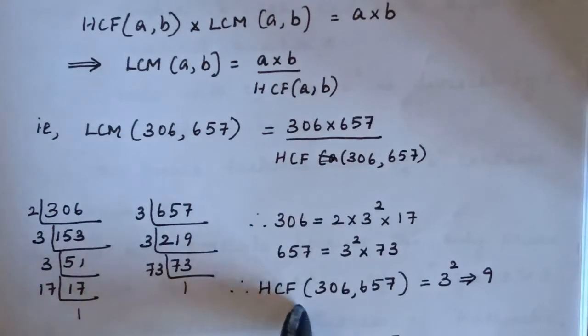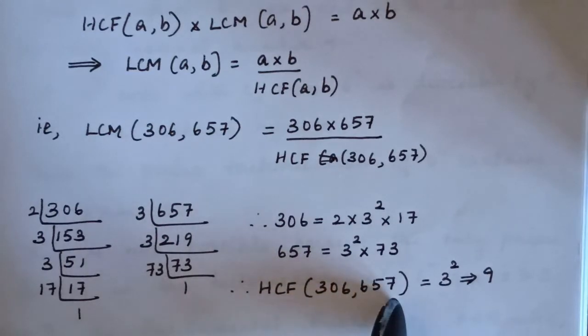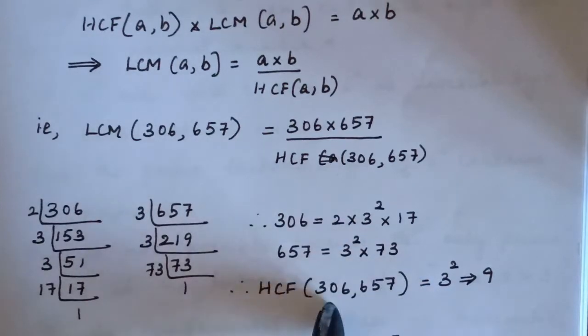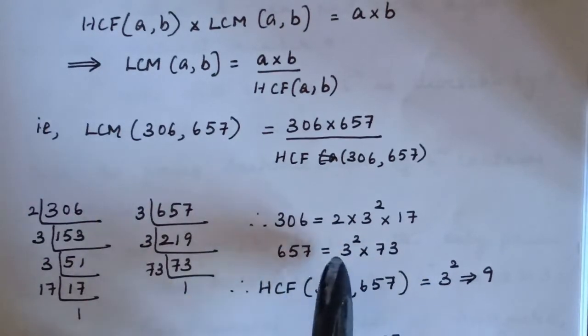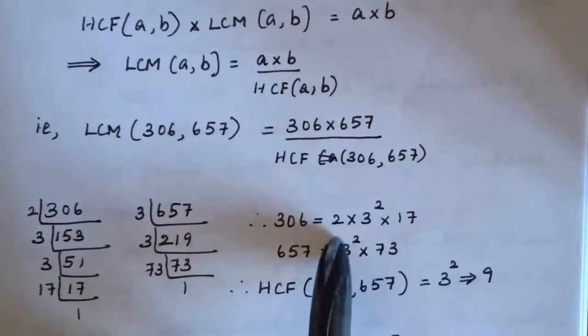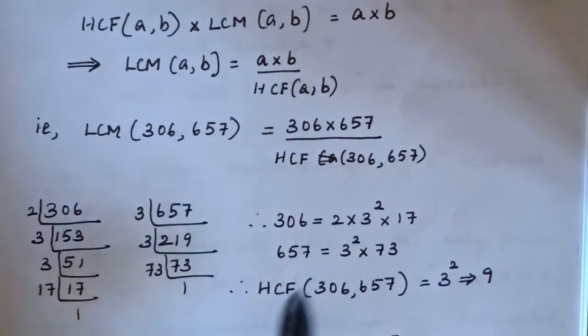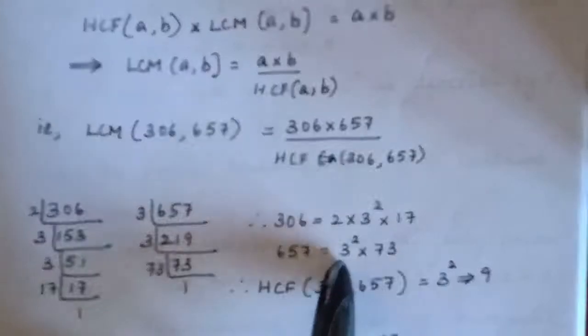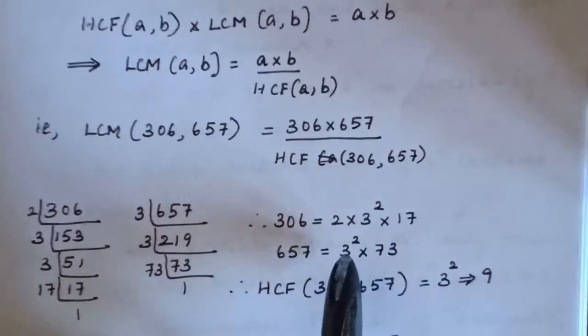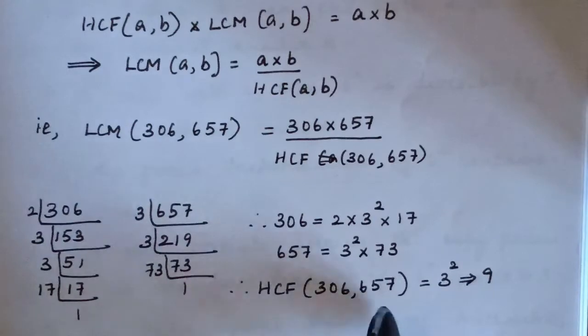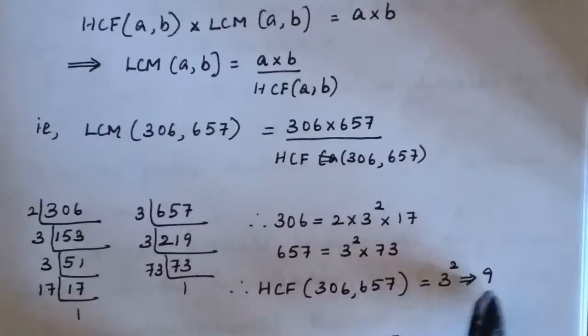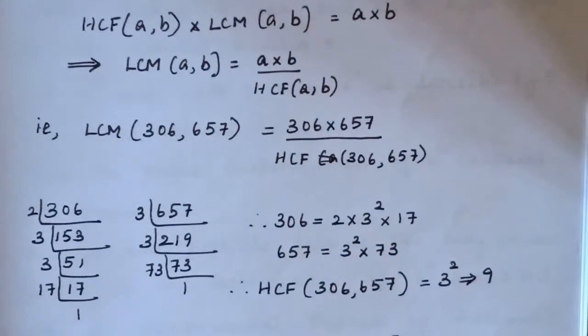So the HCF of these two numbers, 306 and 657, is equal to 3 squared. How did we get 3 squared? For the HCF of two numbers, we take the common prime factor and its smallest power. Here the common prime factor is 3 and its smallest power is 2. So we got 3 squared. What is 3 squared? 9. So we got the HCF as 9.